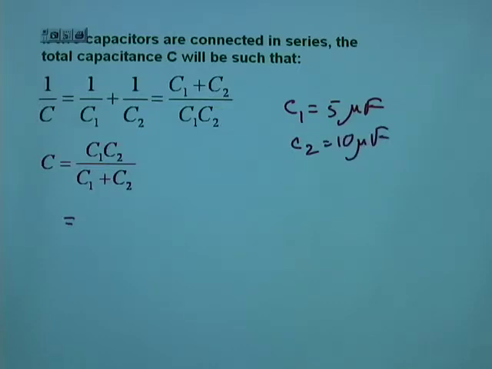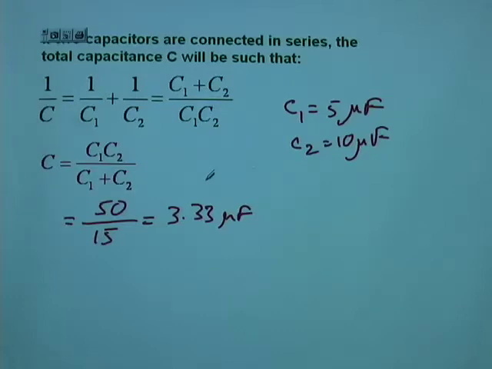Then C will be equal to C1 times C2, which is 5 times 10, 50, divided by C1 plus C2, which is 15, and that is approximately 3.33 microfarad.